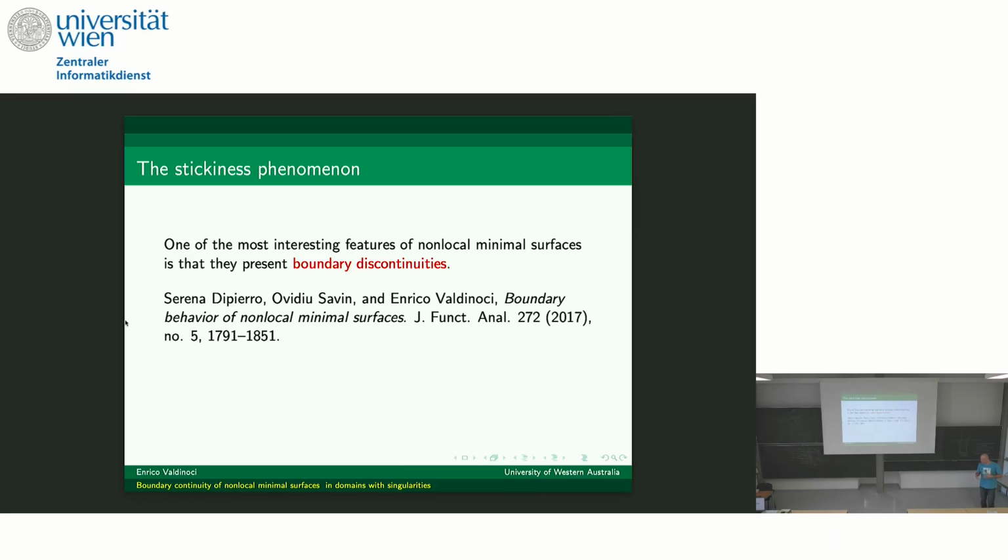The first surprising thing that for me was shocking when I started looking at non-local equations was the fact that solutions of non-local equations are not smooth up to the boundary.